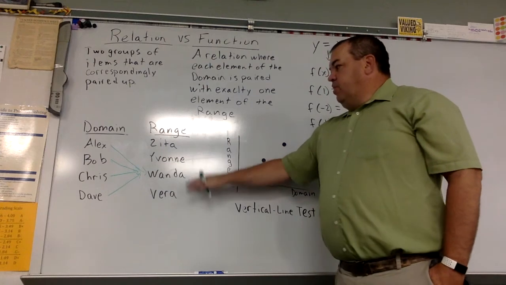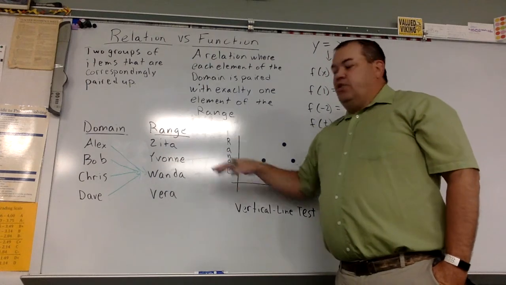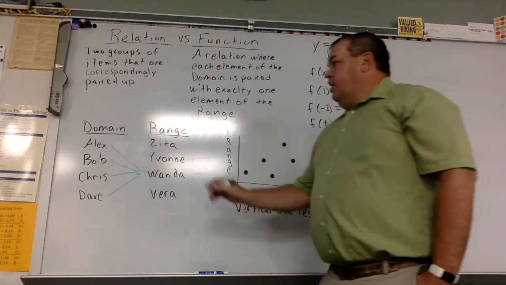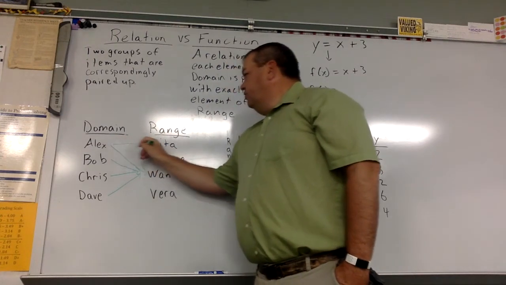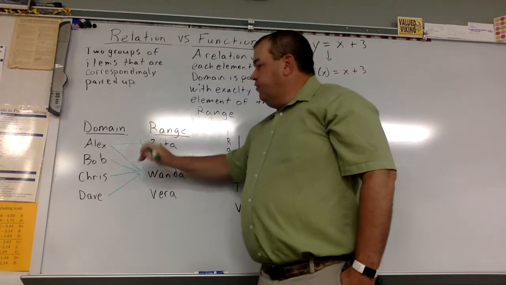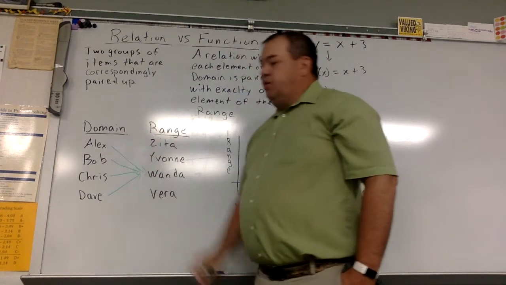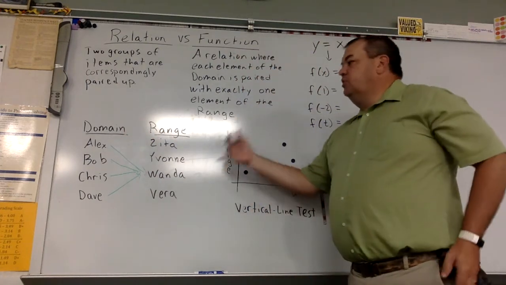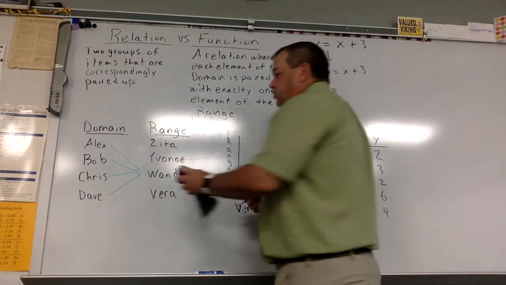Doesn't matter that these in my range aren't being used, everything's going to just one thing. As soon as I put that second arrow off of somebody, it's not a function anymore. Then it becomes just a relation. This is still a relation, but it's a special kind called a function.